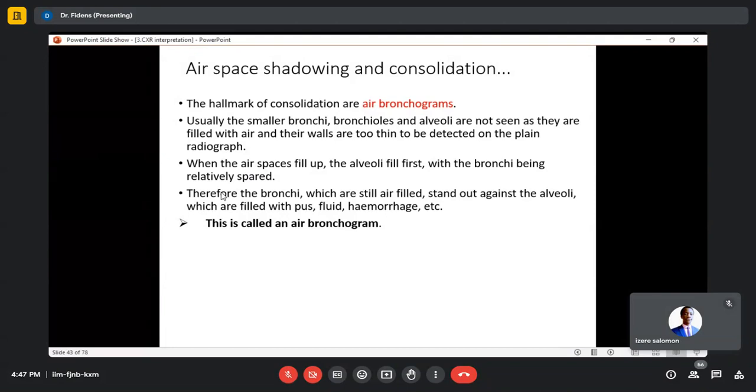I have talked about this, by the way, I'm just repeating myself. When the airspace fills up, the alveoli fill fast with fluid, with the bronchi being relatively spared. Therefore, the bronchi, which are still air-filled, stand out against the alveoli, which are filled with pus, fluid, or hemorrhage, and this is called air bronchogram sign.